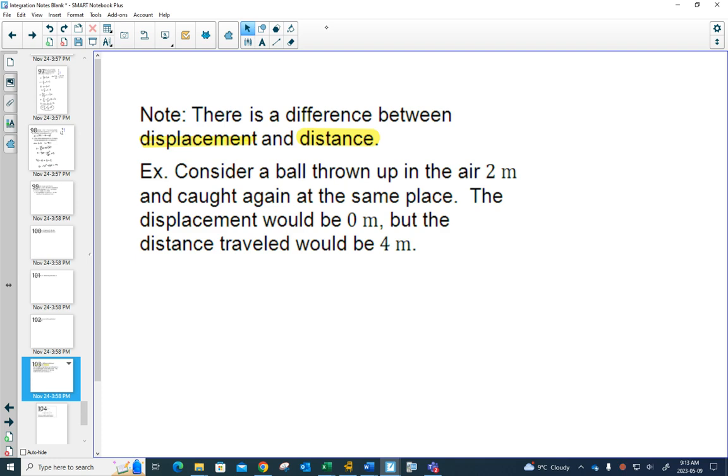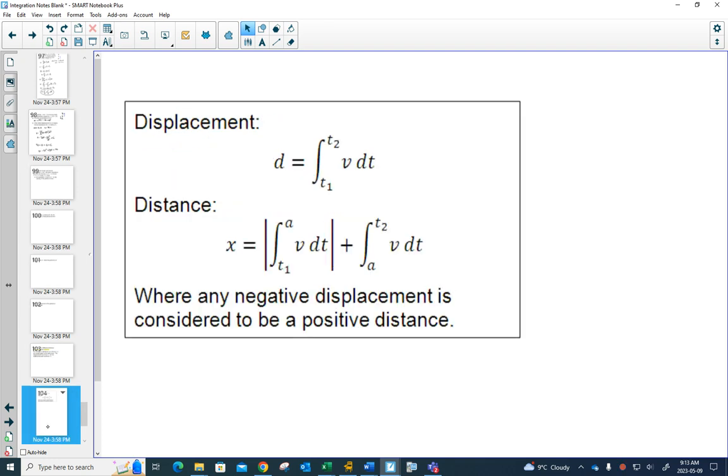Now, when we do the integral, we get our displacement, because sometimes the area under the curve is above, and sometimes the area under the curve is below. So throwing that ball up in the air with its velocity, with acceleration of gravity, part of its displacement will be positive, and part of its displacement will be negative.